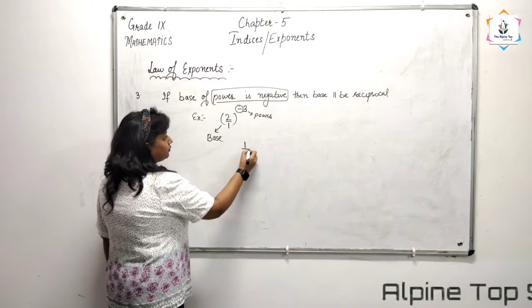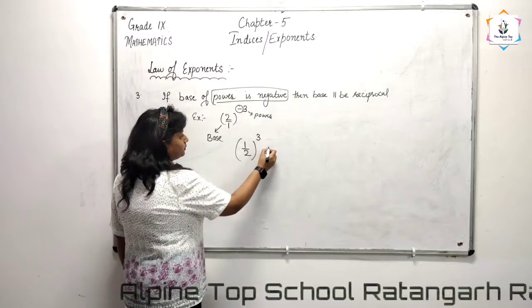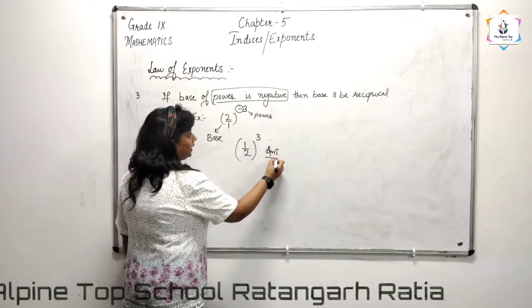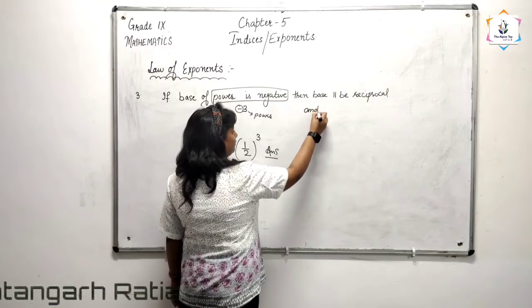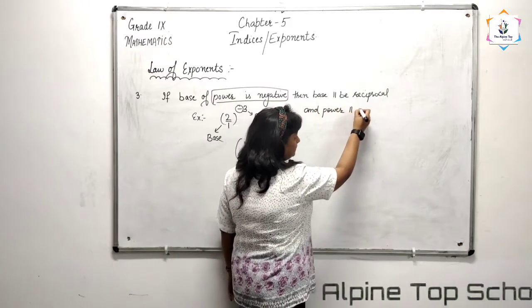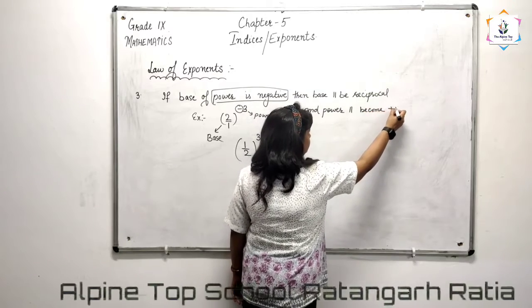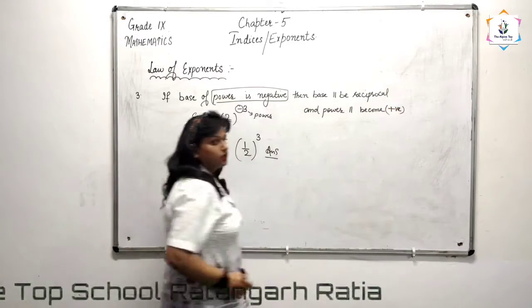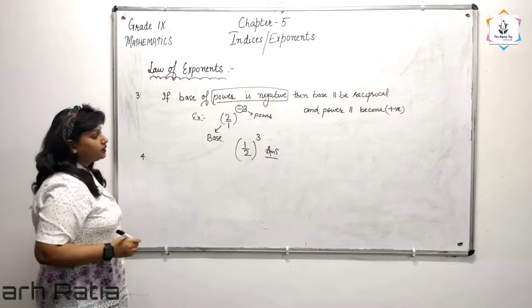So it is 1 by 2 and your power will become positive. Okay. Base will be reciprocal and power will become positive.